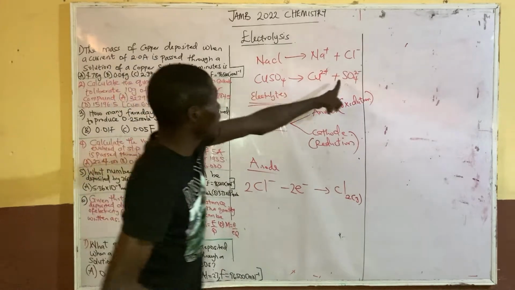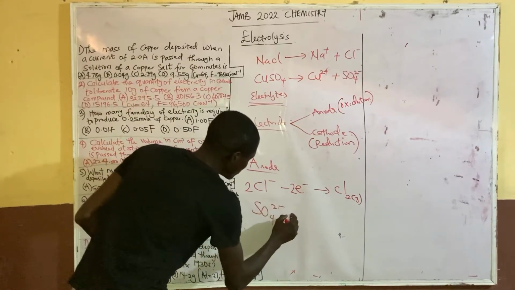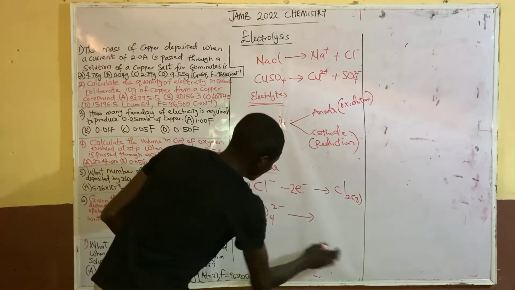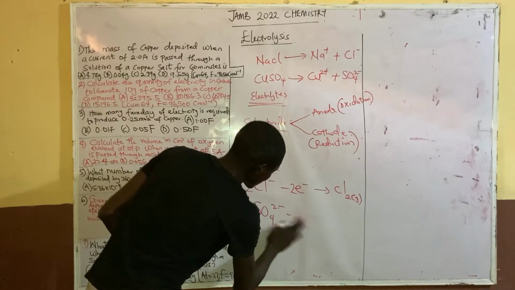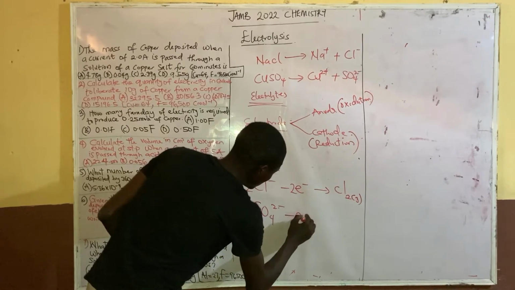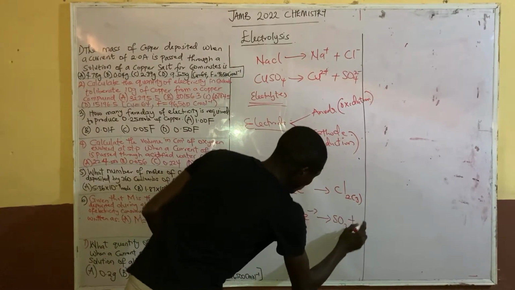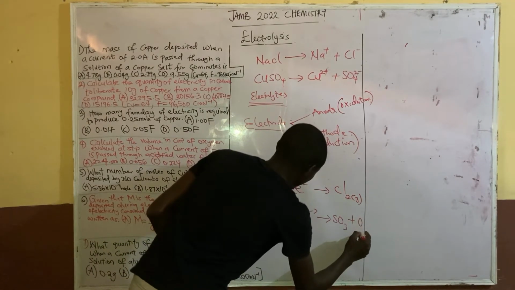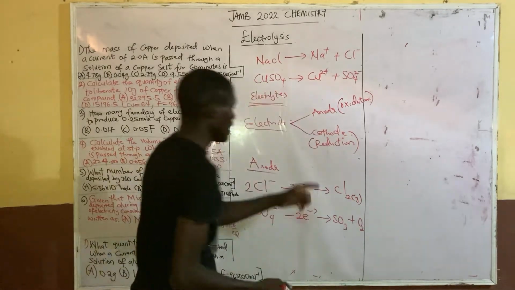An oxidation reaction that we also have here is SO4 2-, which can occur like this, minus 2 electrons, giving SO3 plus O2.